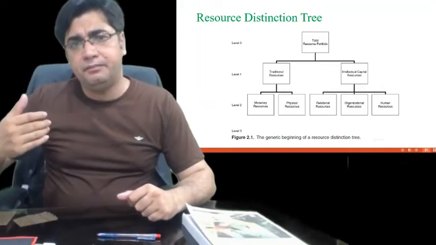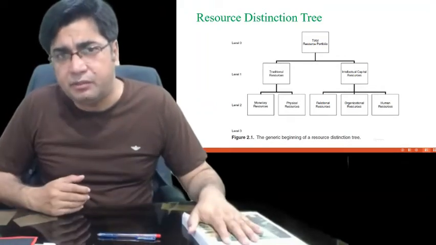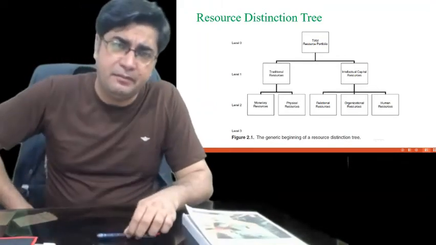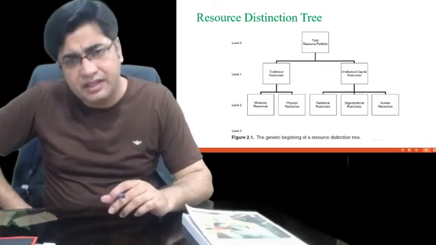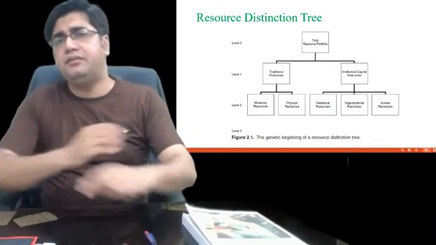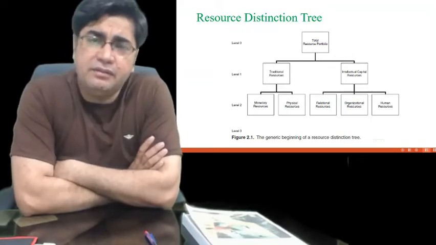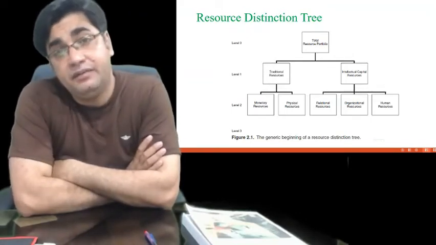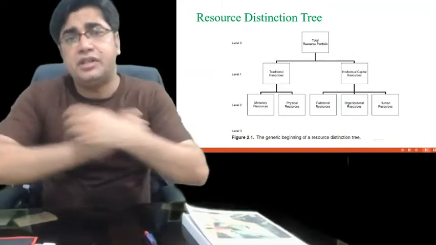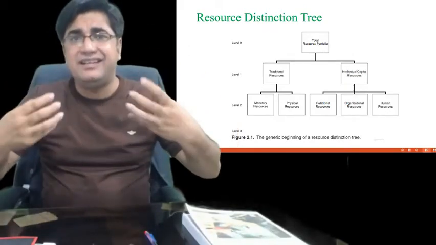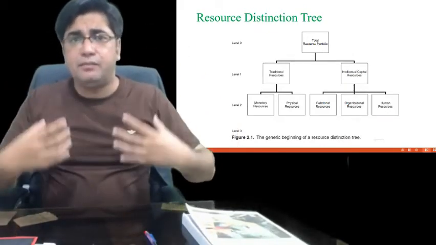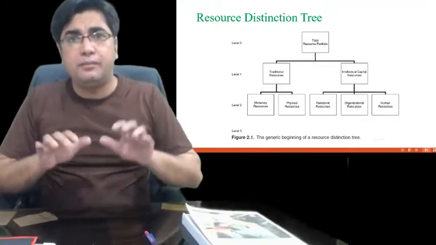So the author in this book has recommended, and I would also suggest to you, that if you are going to chart down the plan of the resources with the help of the resource distinction tree, try to go into as much detail as possible in order to enlist all of the possible resources.